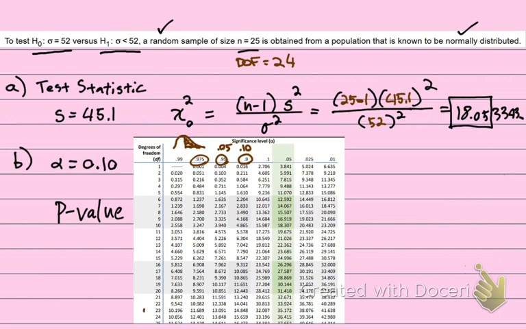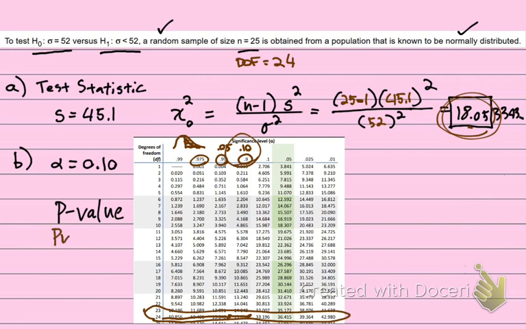And when we look at 24 and we're looking for our 18.05, we notice that it's bigger than this, bigger than this, bigger than this. So it is going to be bigger than 0.10. So our p-value is going to be approximated as being greater than 0.10. Okay, and that's going to be the answer here.